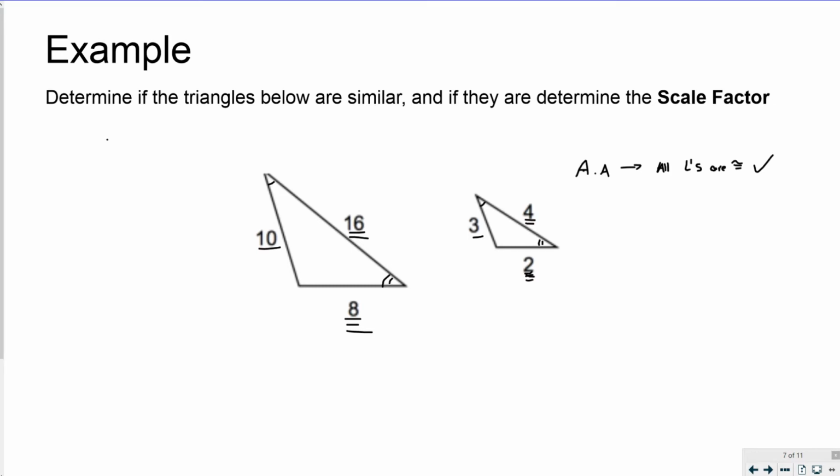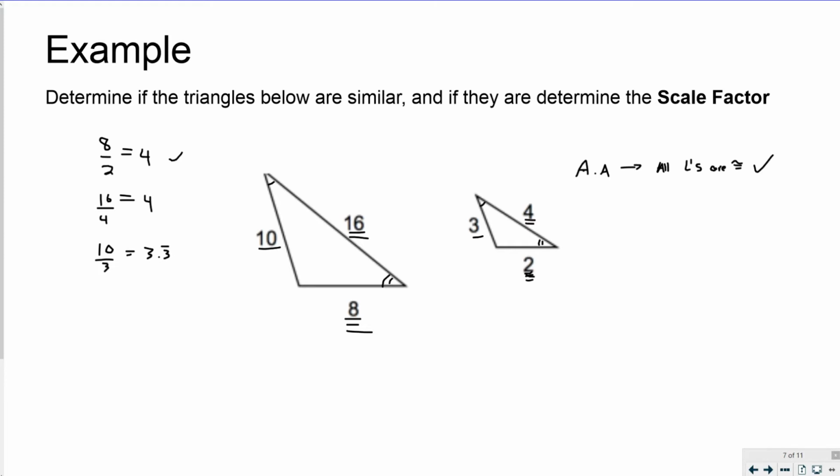So if we do 8 divided by 2, I get 4. If I do 16 divided by 4, I also get 4. But if I do 10 divided by 3, I get 3.3 repeating.